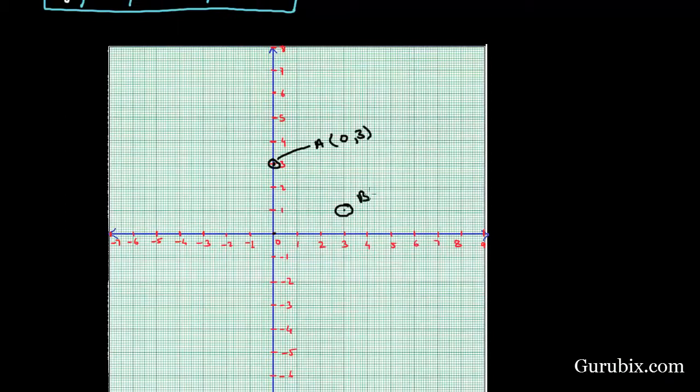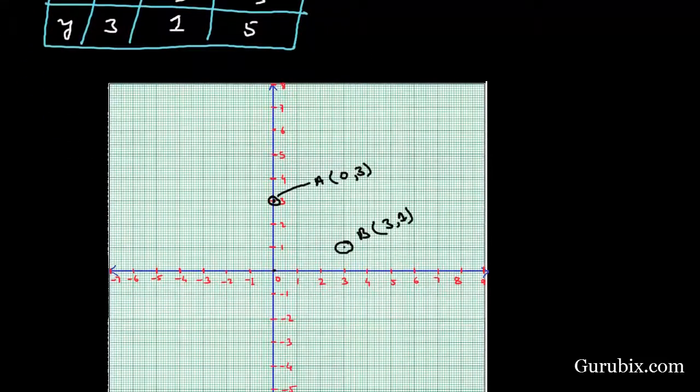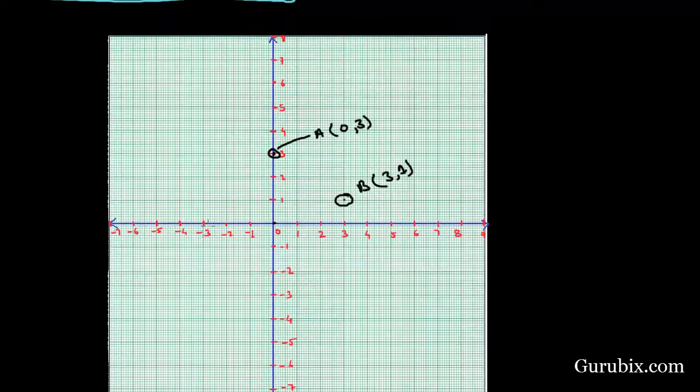We shall denote it by B. And the third point is (minus 3, positive 5). Here is minus 3 and here is positive 5. So this point is C, and this is (minus 3, 5).